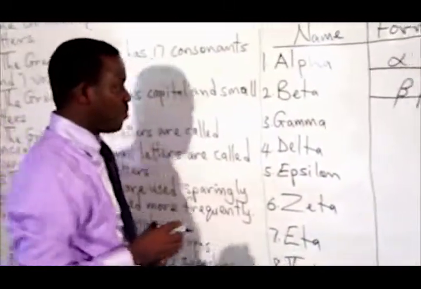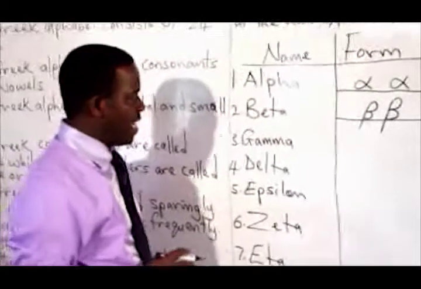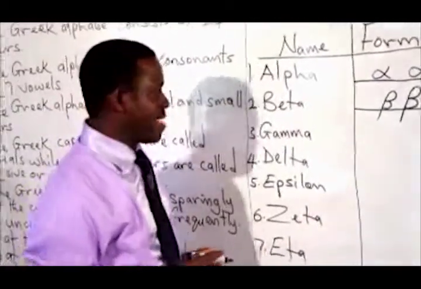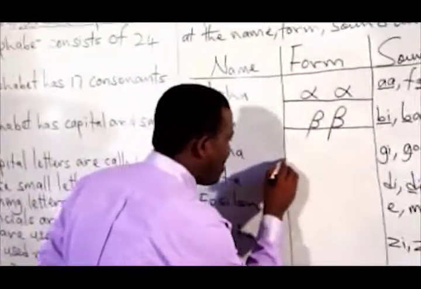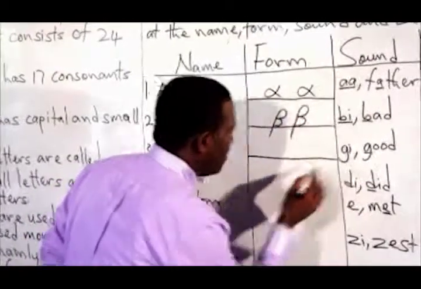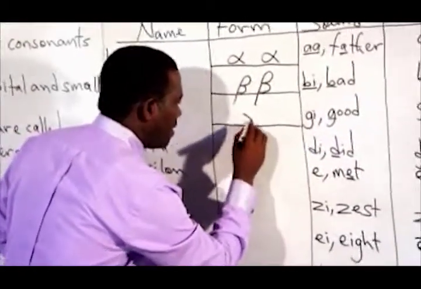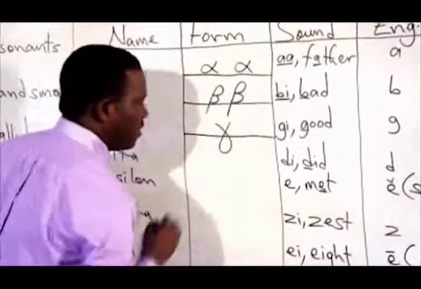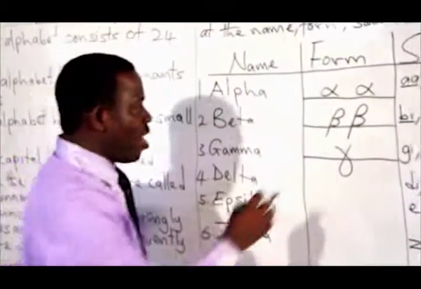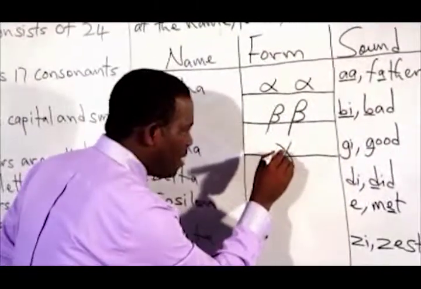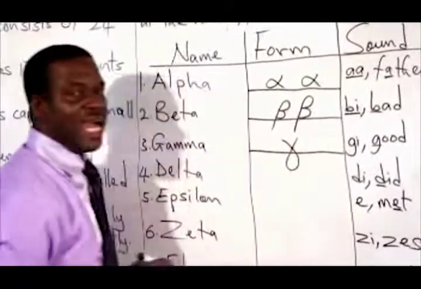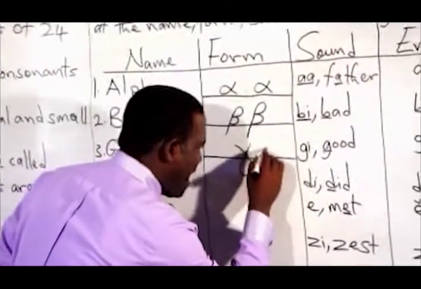Beta. B. The third Greek letter is gamma. And this is how to write gamma. Your line again. Gamma goes below the line. Gamma comes below the line, but the intercepting point is above the line. Let me take it again. Gamma.